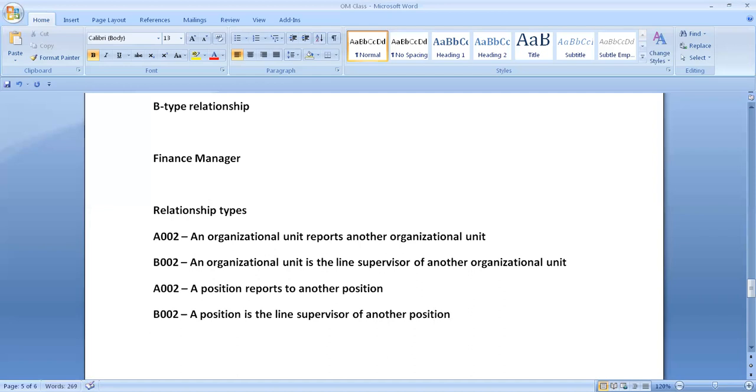So let's understand what is A003. For example, A003, you can say a position belongs to an organizational unit.